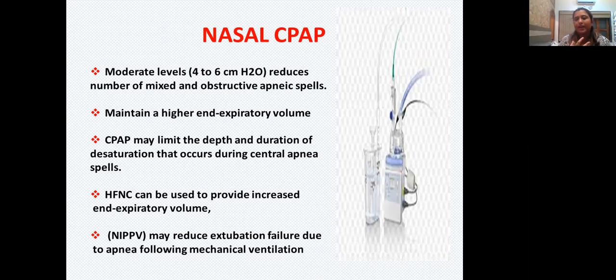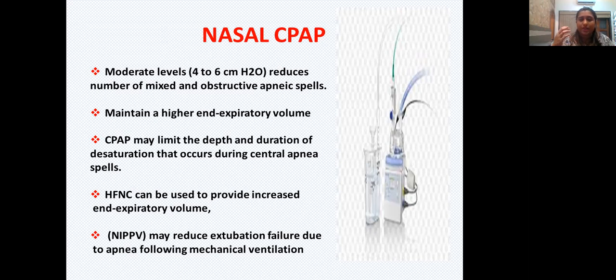When we know that it is because of a pulmonary cause or some obstructive cause as a result of which the baby is not having inspiratory efforts... what I mean to say is the baby is supposed to have inspiratory efforts. That is, the CNS has to be all right. The CNS has to provide respiratory drive or inspiratory efforts, because nasal CPAP mainly increases the PEEP or the end expiratory pressure.